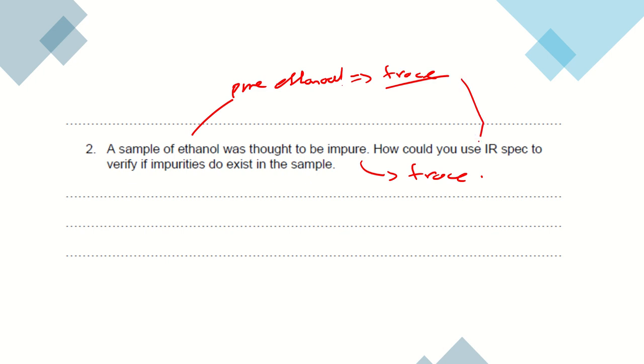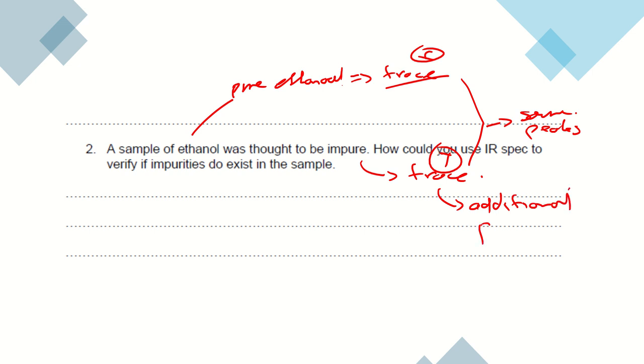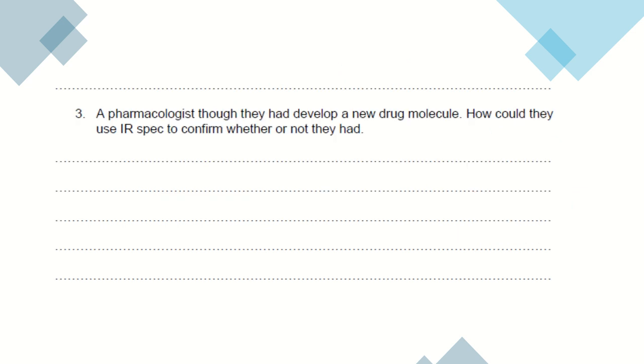Whatever peaks are in, let's call this one X, should also be in Y. But if there are impurities, then in the impure sample, Y as I've called it, you will have additional peaks. You don't know where they are or what they are, but all you need to say is that you will have more peaks in the impure sample, but you will still have all of the peaks that were in the pure ethanol. So you basically overlay the 2 traces on top of each other.